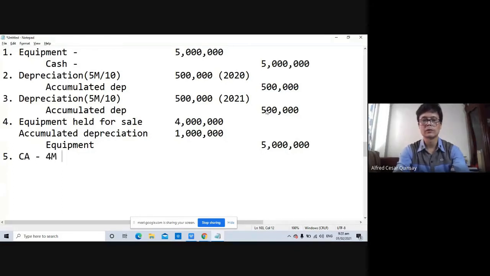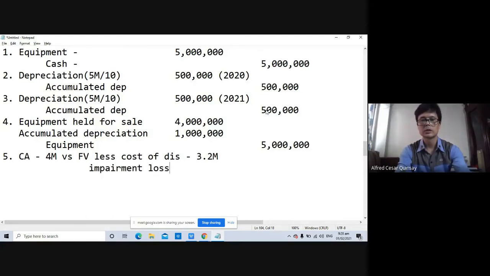Pero versus yung fair value less cost of disposal, magkano yon? So that is 3.2 million. So meron siyang impairment loss, no? Okay, so merong impairment loss of how much? That is 800,000.